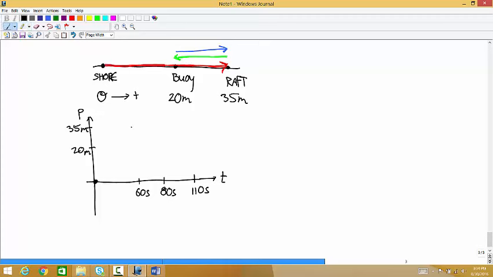At 60 seconds, the swimmer's at 35. At 80 seconds, the swimmer's at 20. And at 110 seconds, the swimmer's back at 35. So it looks something like that.